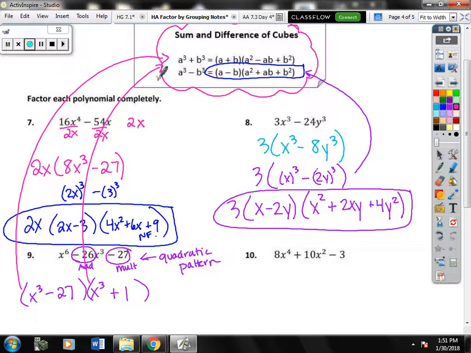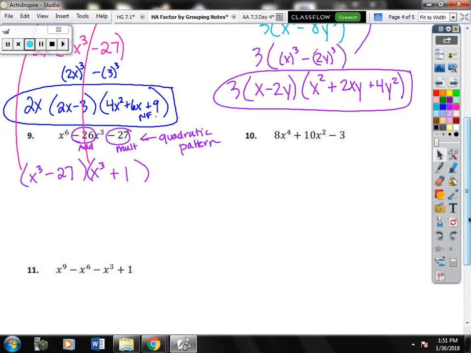You have to use both formulas. So this is really x cubed minus 3 cubed.